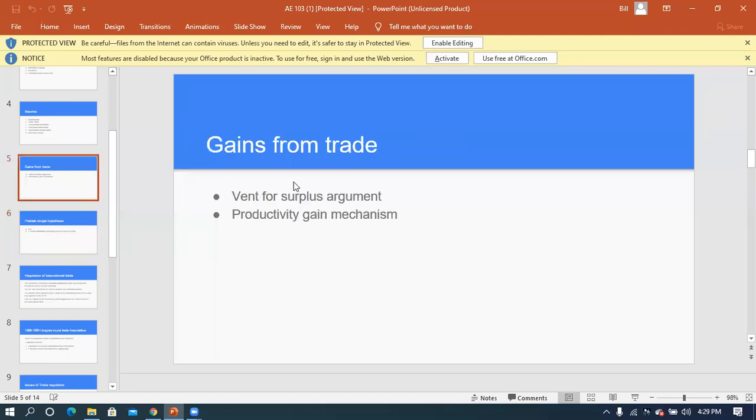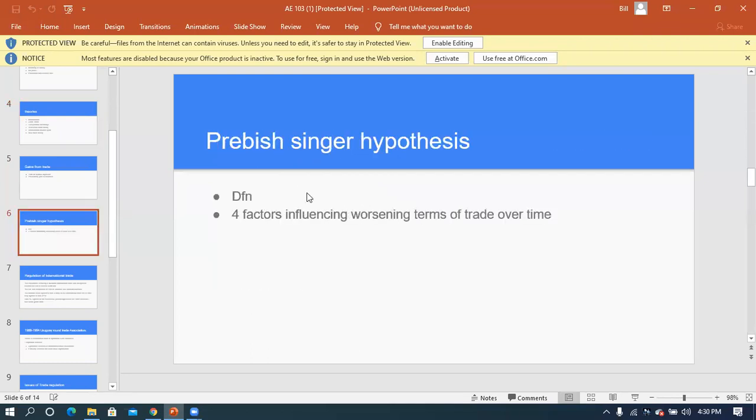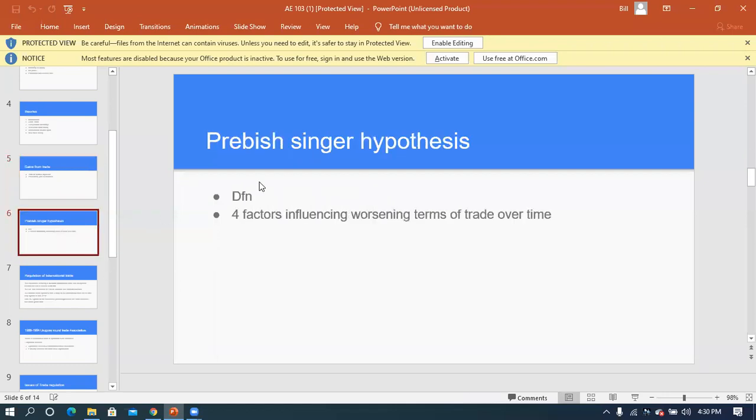Now we have gains from trade, where we said the vent for surplus and productivity gain mechanism. But I just moved to the Prebisch-Singer hypothesis.